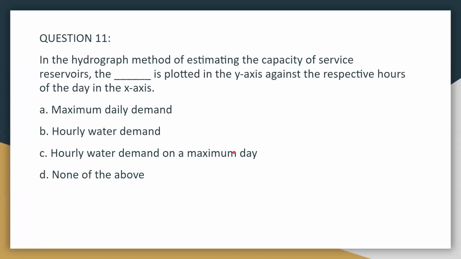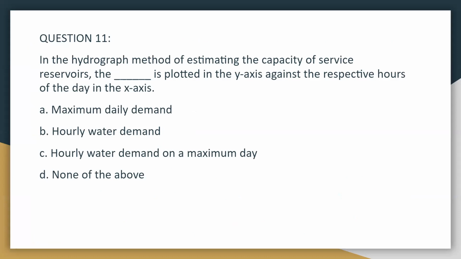The hydrograph method of estimating the capacity of service reservoirs. So there are various methods to estimate the capacity of reservoirs. One method is the hydrograph method, another is the mass curve method, and another is the balancing storage method.